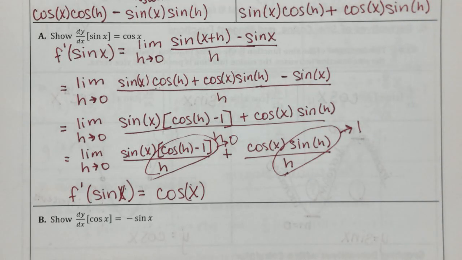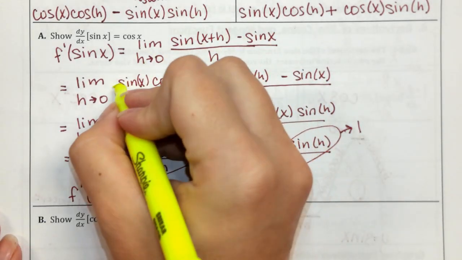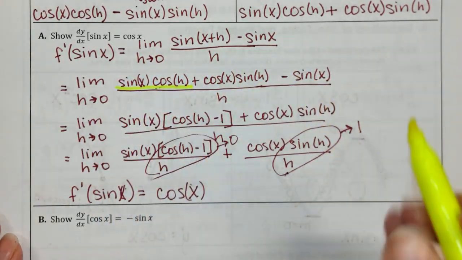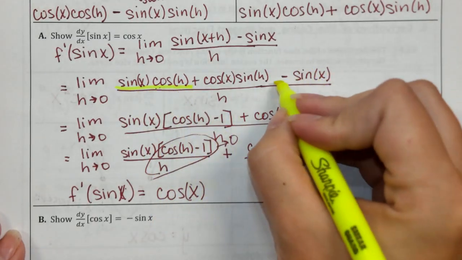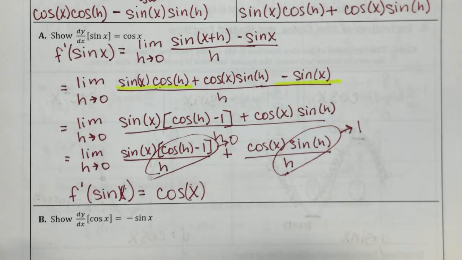Could you re-explain how you got the cosine of h minus 1? So I looked at right here where I have sine of x times cosine of h, and then I took this negative sine of x right here. I'm Googling what the opposite of distributing is called, because I keep forgetting the word.